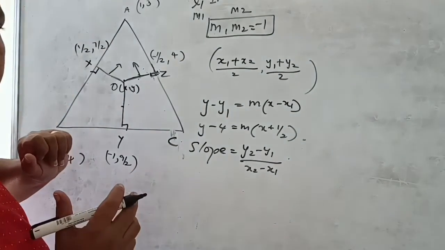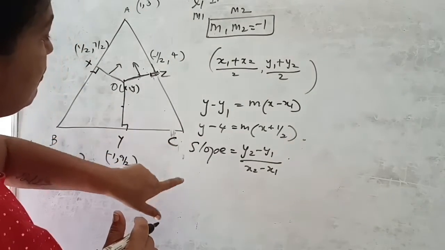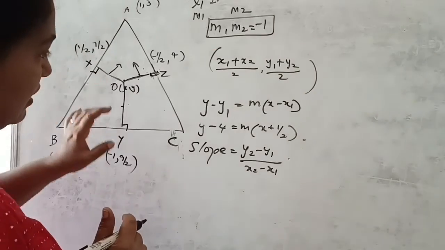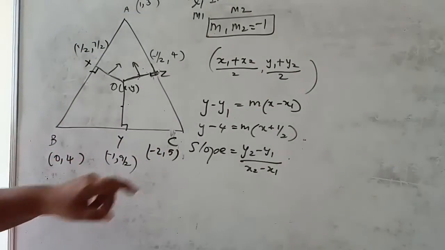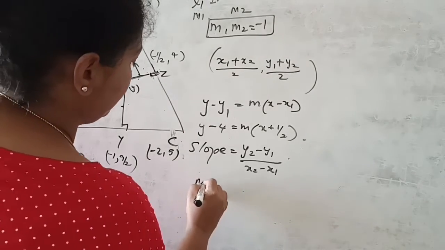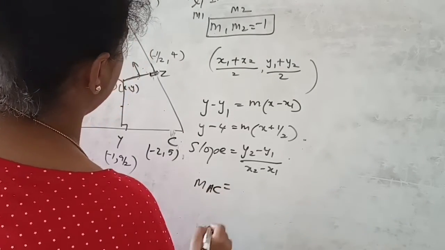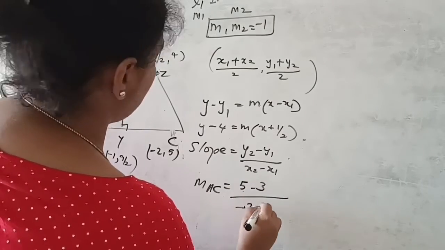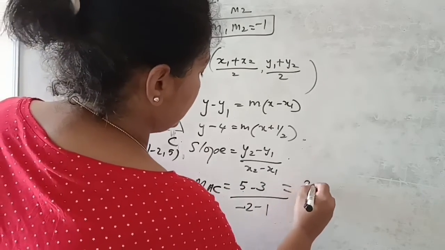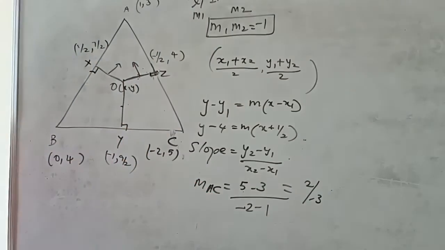How do I find the slope of AC? The slope of AC is given by the difference of the y coordinates divided by the difference of the x coordinates. So, what is the slope of AC? That is (5 minus 3) divided by (minus 2 minus 1), which is 2 by minus 3.